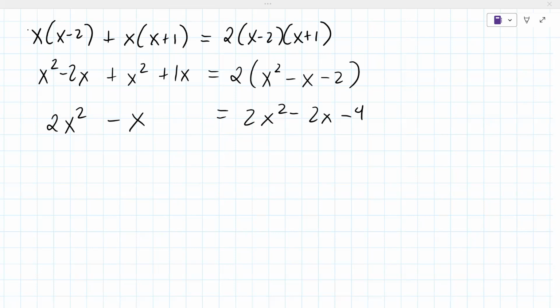Equals 2x squared minus 2x minus 4. Okay, yeah, 0 on one side.